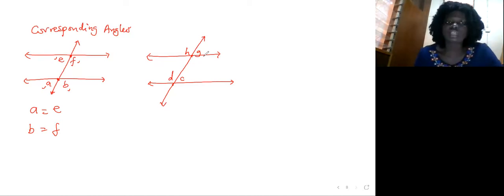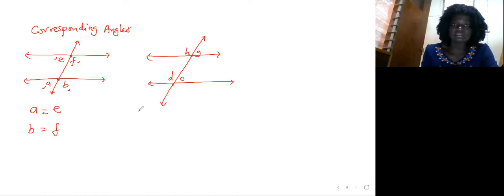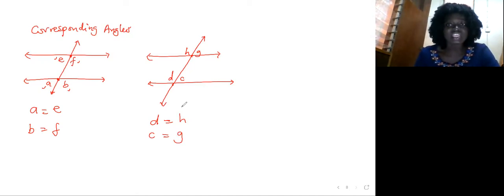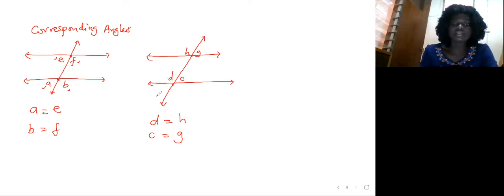This is also a corresponding angle. So it means that D is equal to H, then C is also equal to G. Okay, so when you see angles like this, it means they are equal. We'll give some examples and you will understand it better.